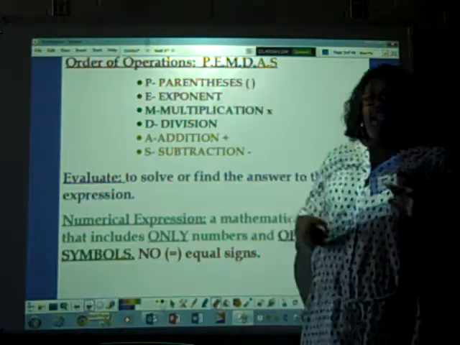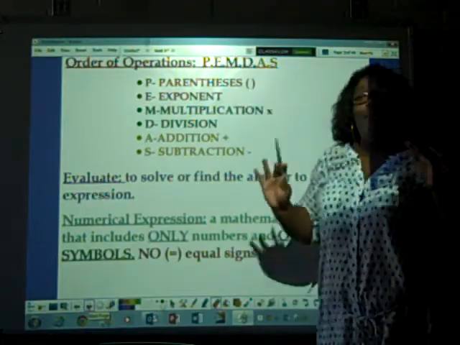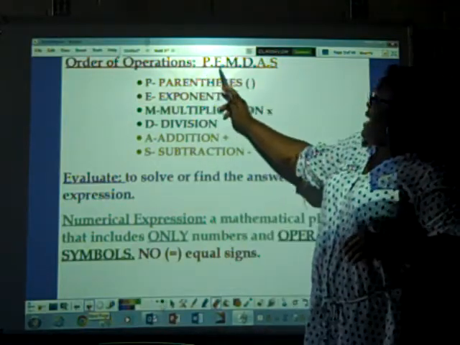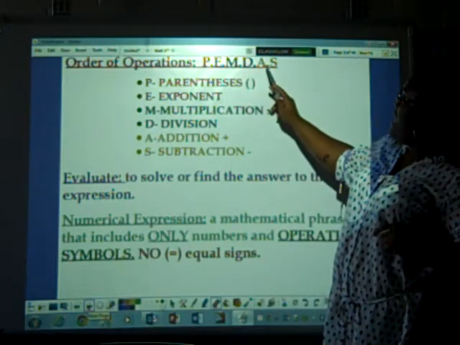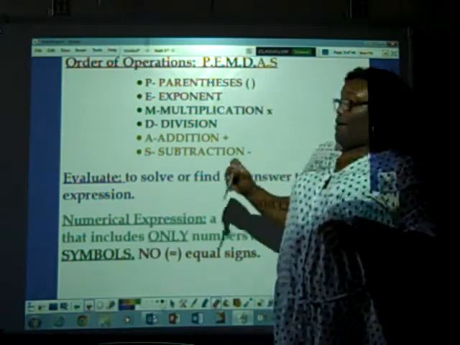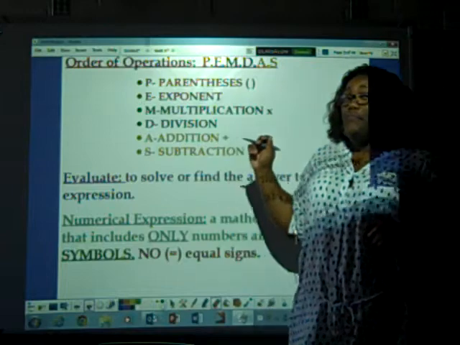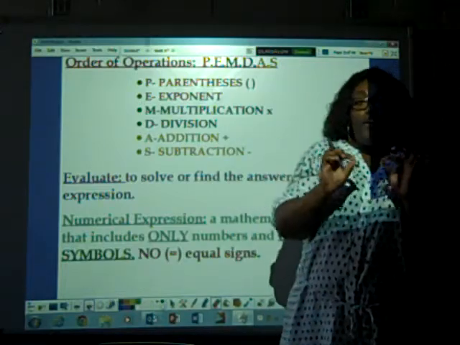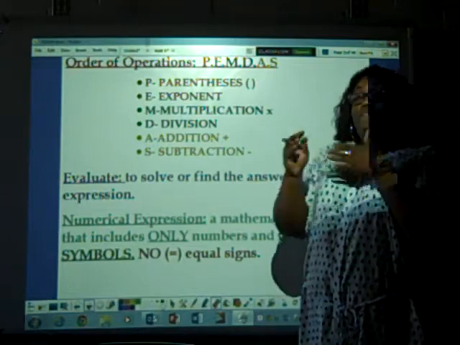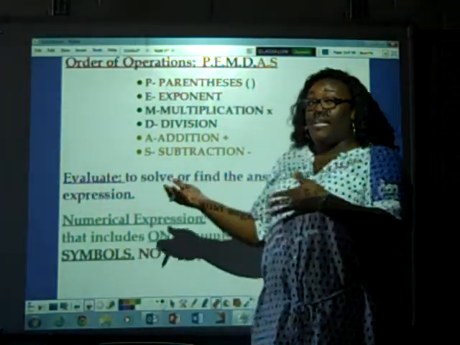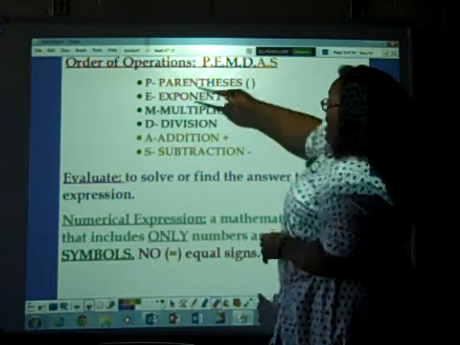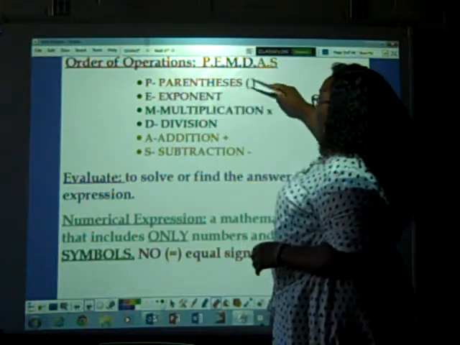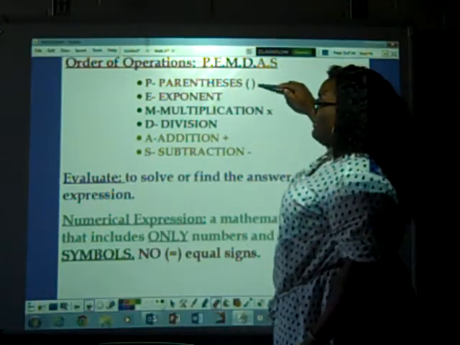Alright, with the order of operations, we have a little something called PEMDAS. Now, when working with PEMDAS and order of operations, there is a particular order that you use to help evaluate your expressions correctly. We have the P, which stands for parentheses, and they look like this.